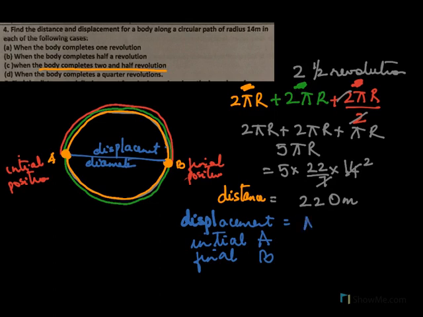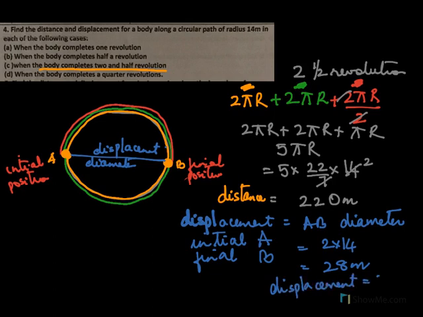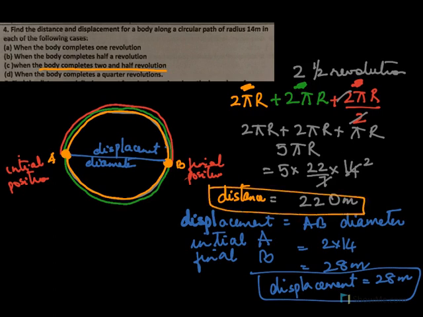So we have displacement is AB, which is a diameter. And we know the diameter in this case is 2 into 14, which is 28 meter. So displacement equal to 28 meter. This is displacement. Distance equal to 220 meter.